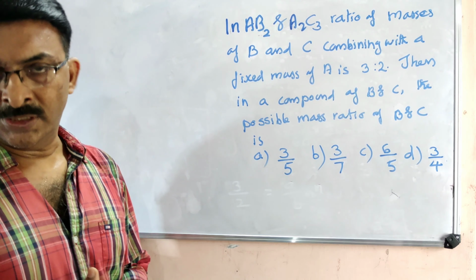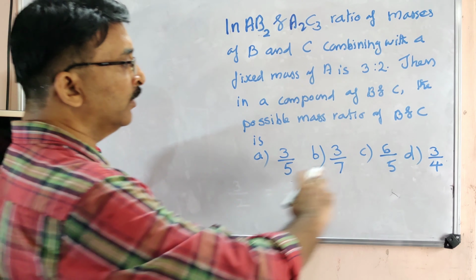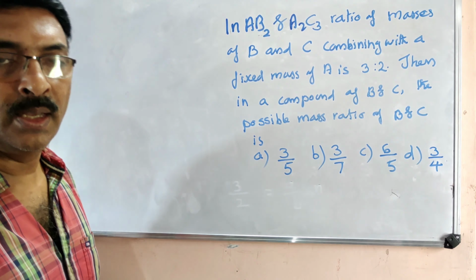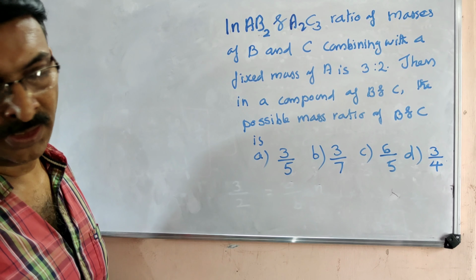As per the law of reciprocal proportion, the ratio 3/2 and one of these ratios will be related as one is a whole number multiple of the other.